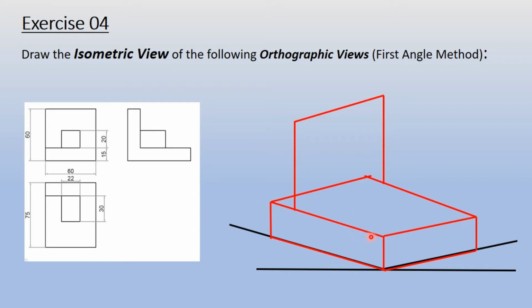Why not here? Again, I have told you earlier, this portion and this portion are not lying on the same plane. As you can observe in the top view, this is the point and this is the same point here. That is why this portion I have drawn here by leaving some space from the bottommost portion of the last portion of this front view.